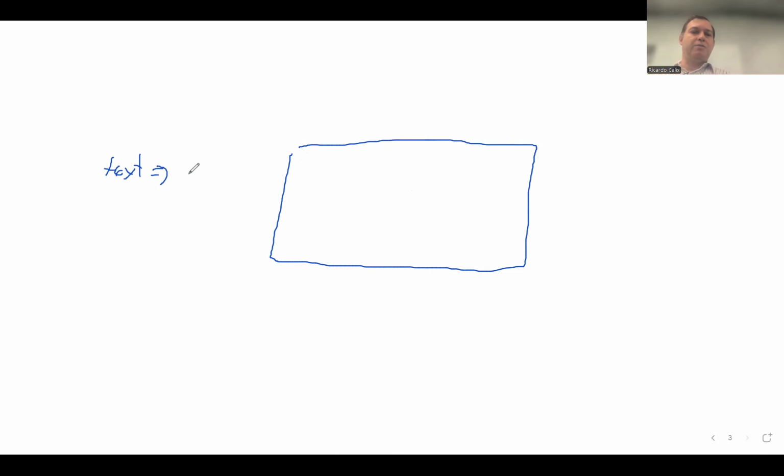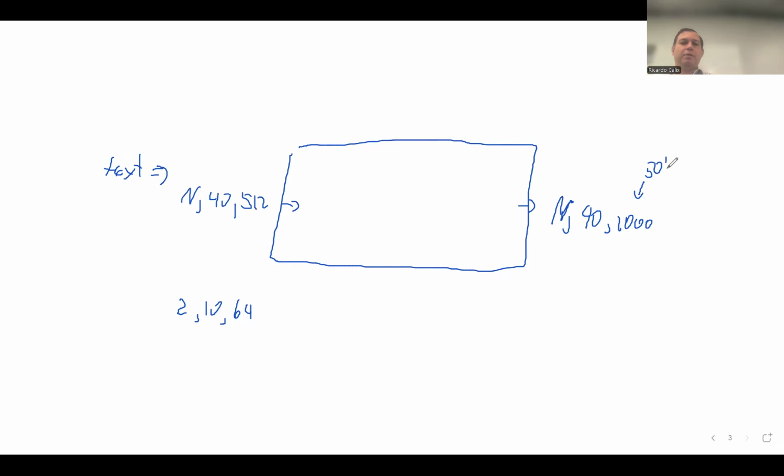Then the text gets converted into n by 40 by 512, or in our example, 2 by 10 by 64, right? It goes through all those things, attention layers, feed-forward layers, but at the end, we get back n by 40 by 1,000, or 50,000 in this case, probably to be more correct. This would be 50K. Really big tensor, right?